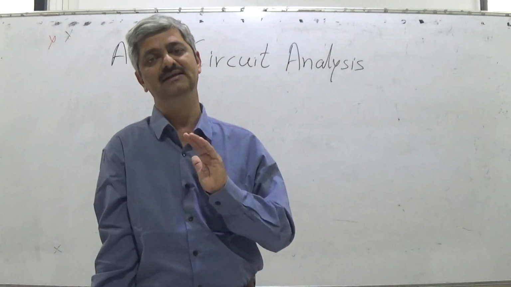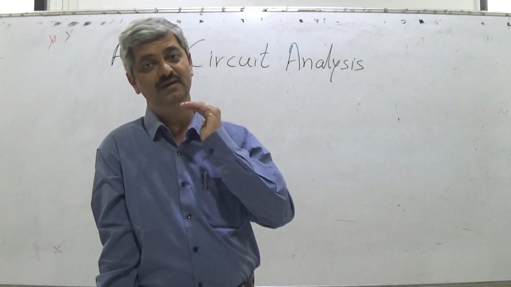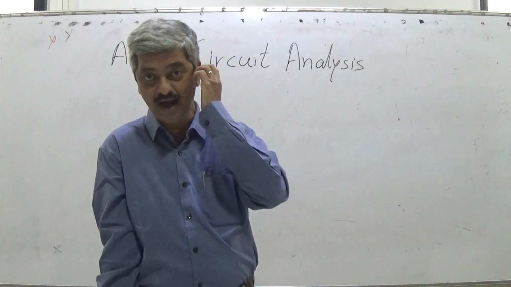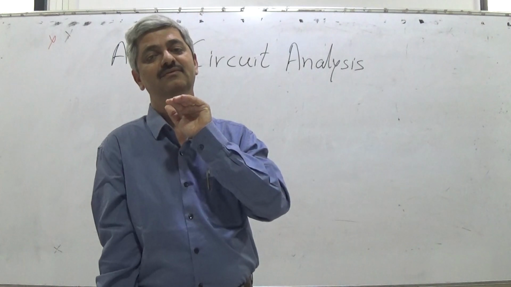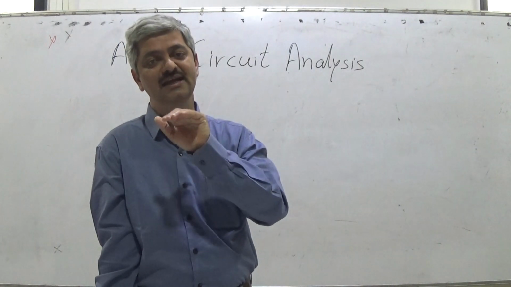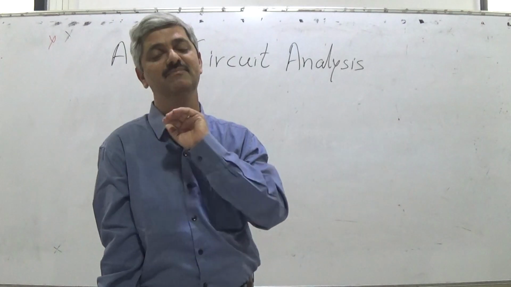For capacitor current is A upon some impedance sine of omega t plus phi, but that impedance is complex, it is imaginary.